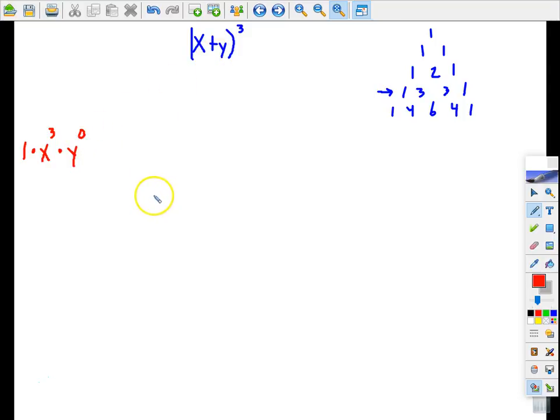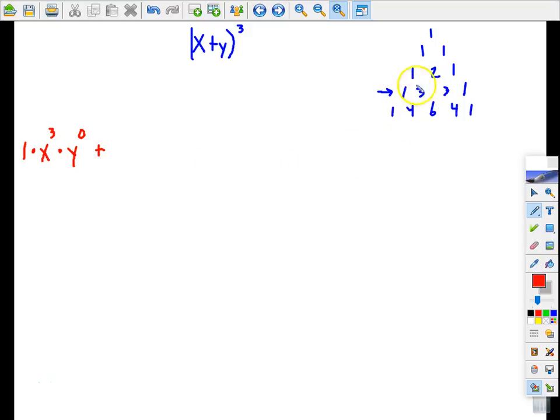Okay, and this is the way you always start from the number from the triangle. The first variable will always start off being raised to whatever this outside power is, and the second variable or number, whatever the case is, will always begin by being raised to the 0 power. Okay, and then we just work on a pattern.